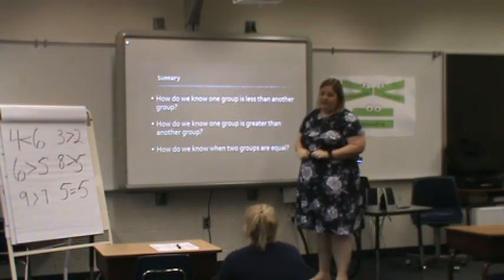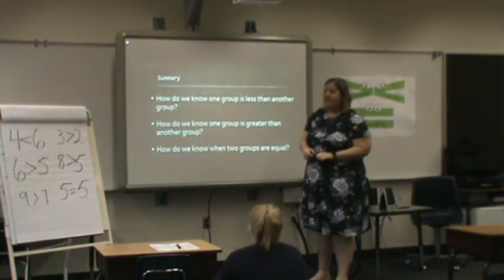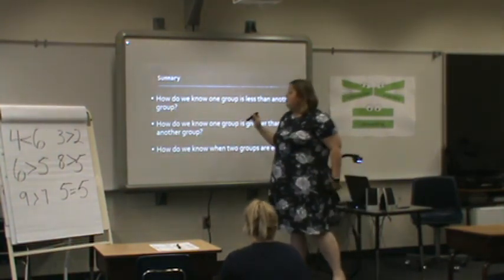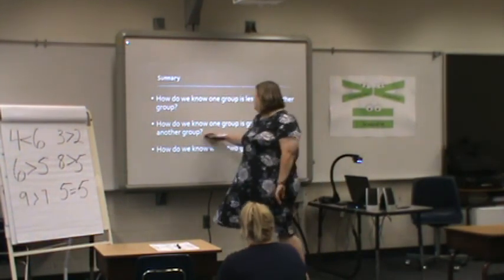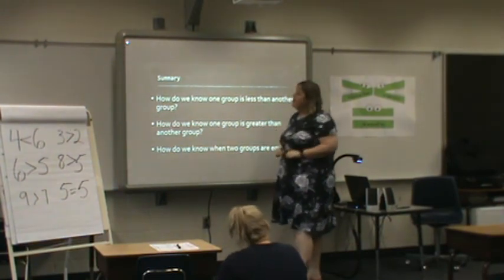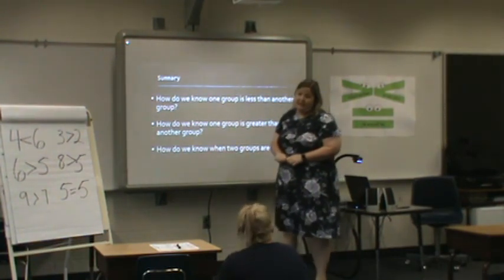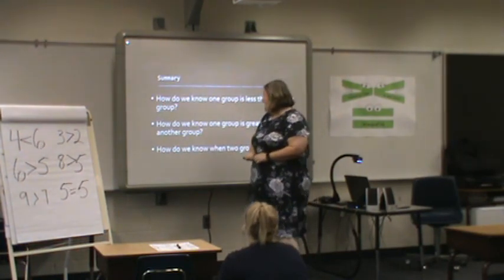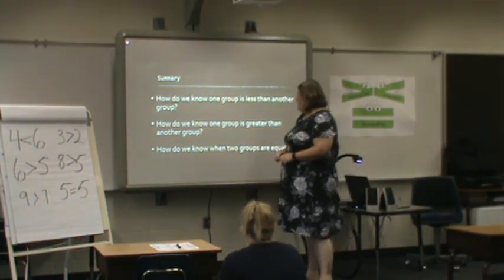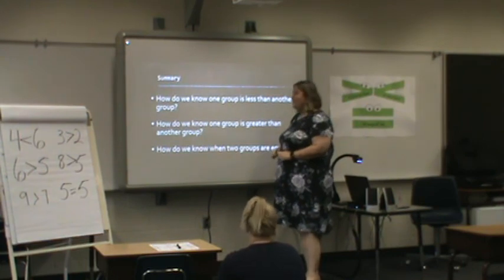There will be less objects in one than the other. Yes, we count them and we see that one has less than the other. Good job. How do we know one group is greater than another group? Nikki? A group is greater than the other group if it has more objects than the other. We count them. They have more. Good job, yes.